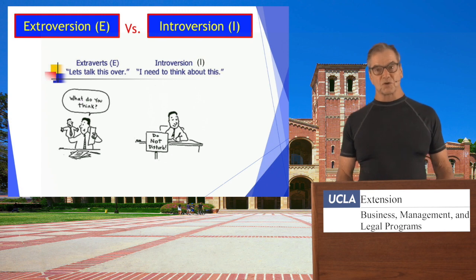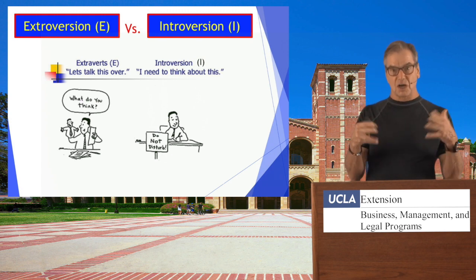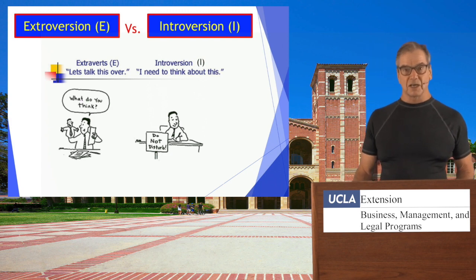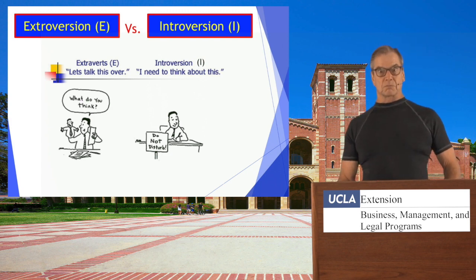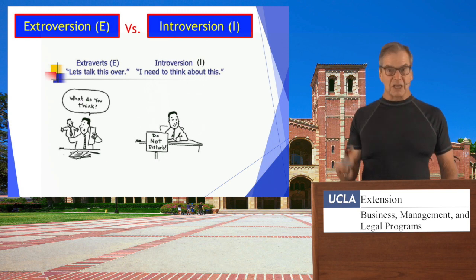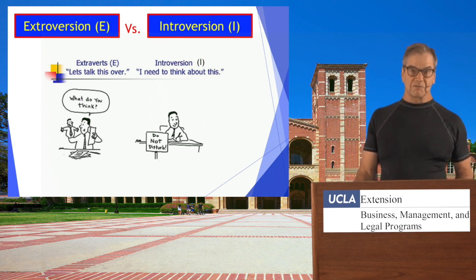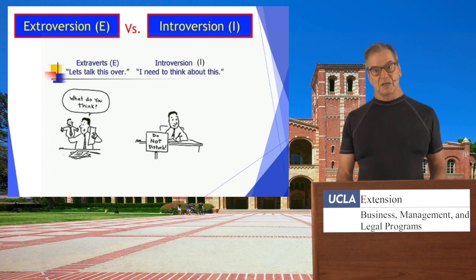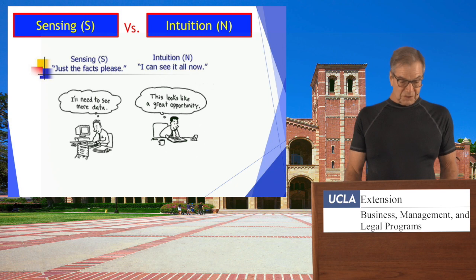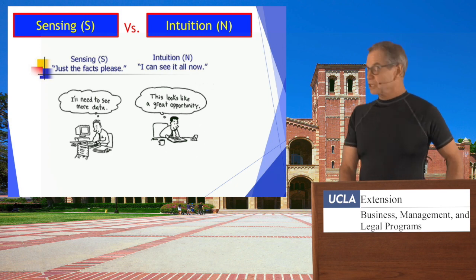Someone who's extrovert will start talking out loud to talk through the decision. Someone who's introvert will be like a deer caught in the headlights of a Mack truck, and then they'll answer the question. So it's just a little observation, a little trick that I use to find out if someone's preference is extroversion or introversion. The next slide here is sensing versus intuition.